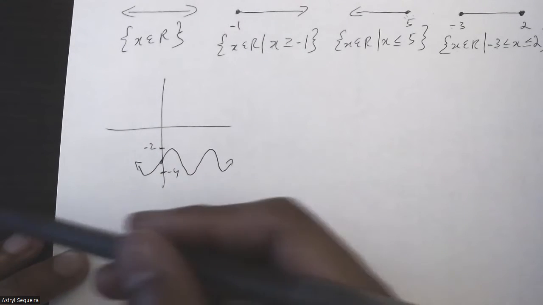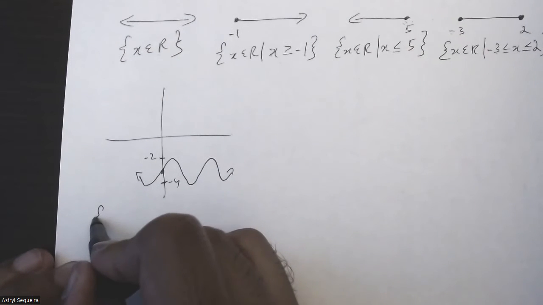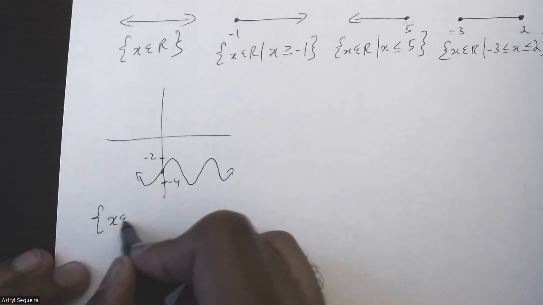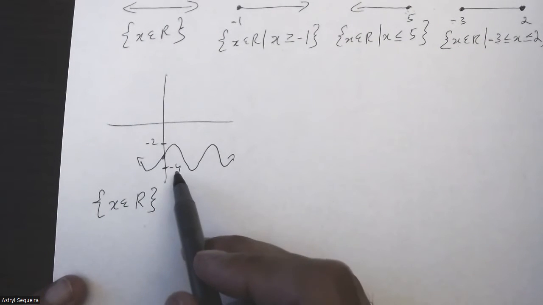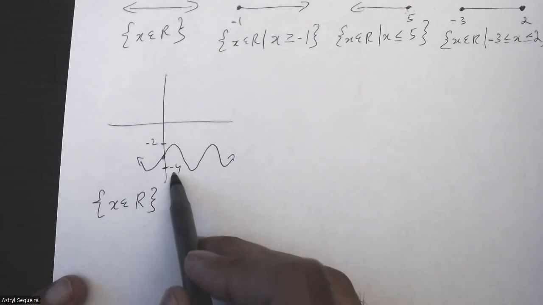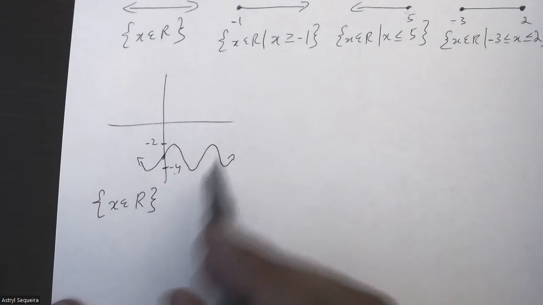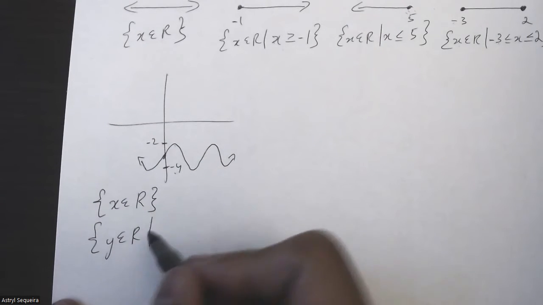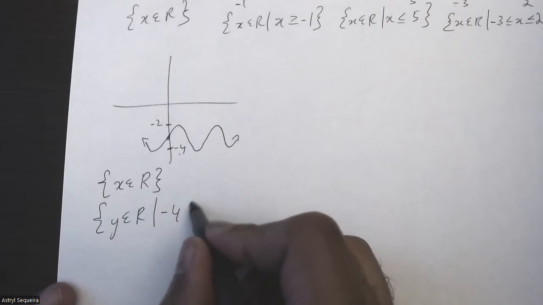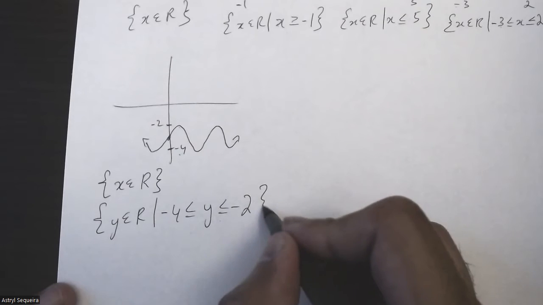This graph is going to go to the left forever. It's going to go to the right forever. So it's this condition here. So my domain is all real numbers. And let me think of my range. My smallest y value is -4, and my largest y value is -2. So basically, y is between -4 and -2. So my range is just -4 less than or equal to y less than or equal to -2.